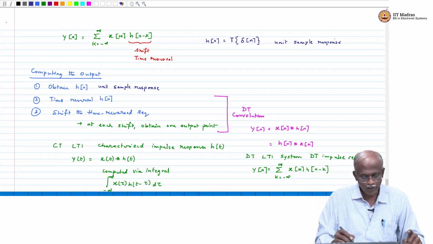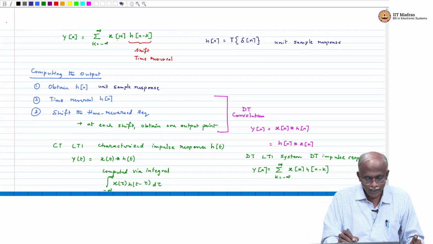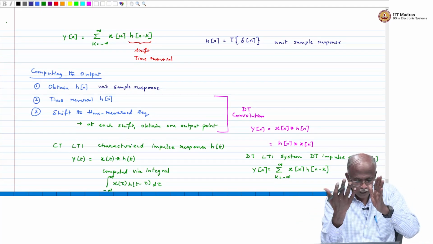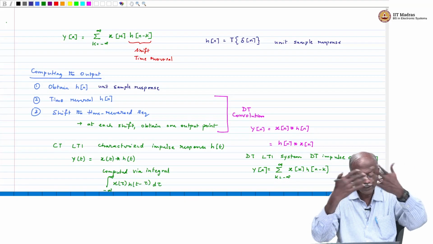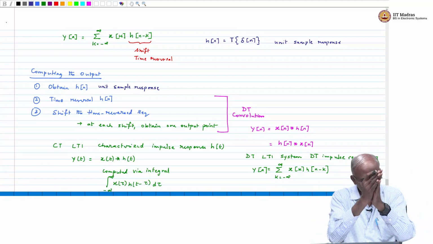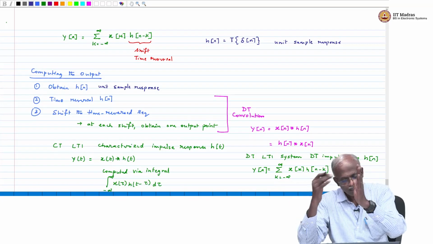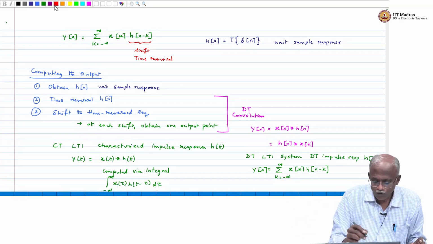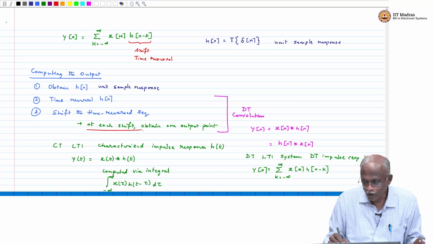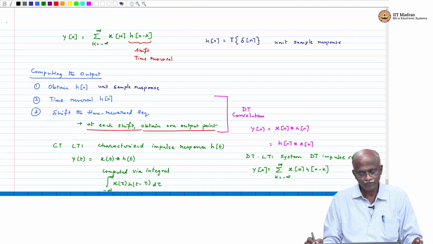Once you get the unit sample response, you take the sequence x of n and time reverse h of n, multiply the two, and add them together, and you get the value for y of n. You shift, do the same operation, and you get the next value. So, for each shift, you will obtain one output point.